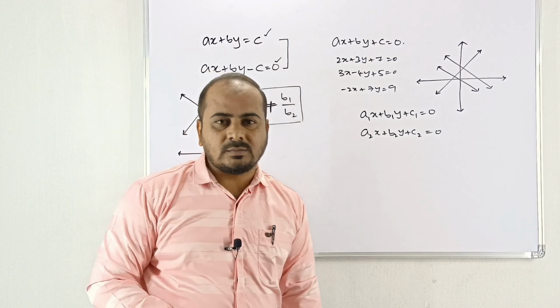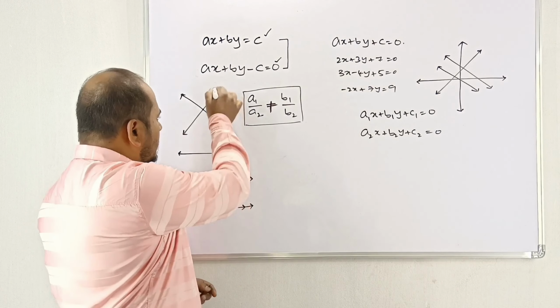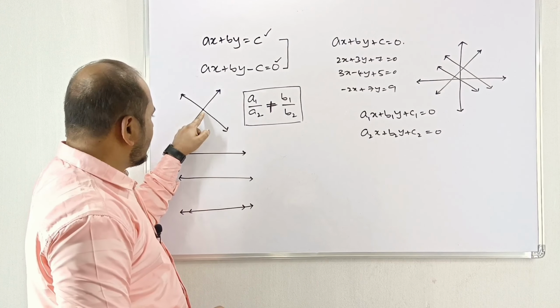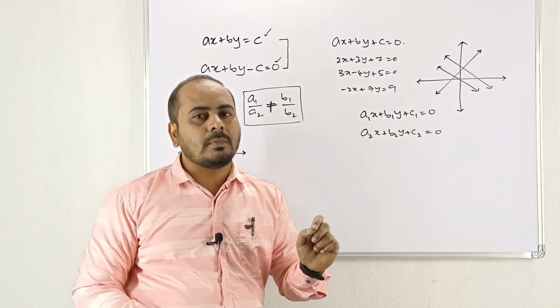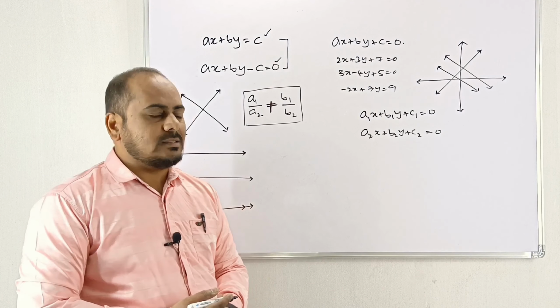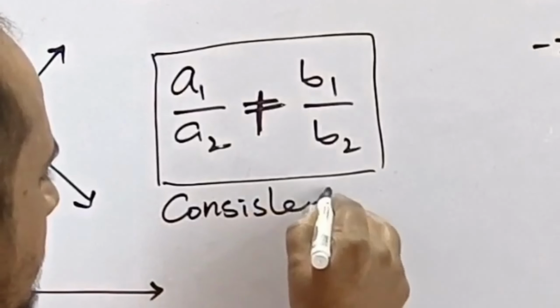You can remember like this, my dear. These two are not equal. Not equal means wrong. In this form you can remember that these are consistent lines. What we call these are consistent.